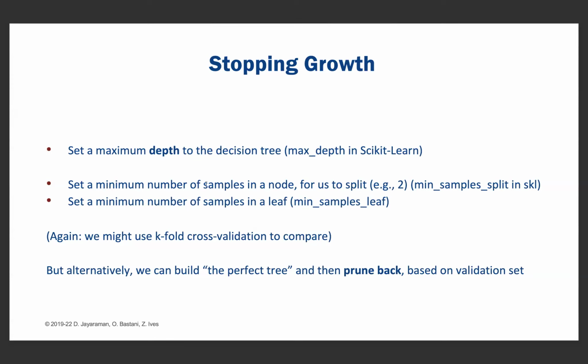You can also set the minimum number of samples per node, which means on how many samples you want to do the calculations, and the minimum number of samples per leaf. We can use standard k-fold cross validation to build the tree, or we build the perfect tree and cut off the lower branches.